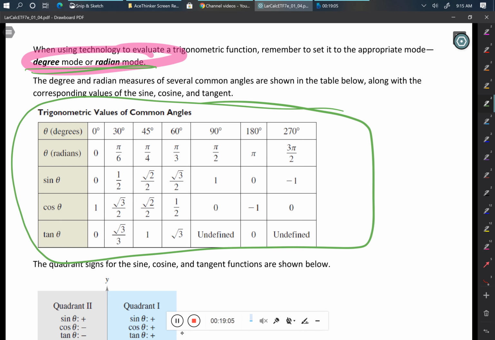I'm not going to quiz you on this in the sense of, hey, you have to know this. But when you're working a problem and you've got to spend 2 extra minutes figuring out the sine of pi over 6 because you don't have it memorized, all that is going to do is add 2 minutes to a problem that you don't need to add 2 minutes to.